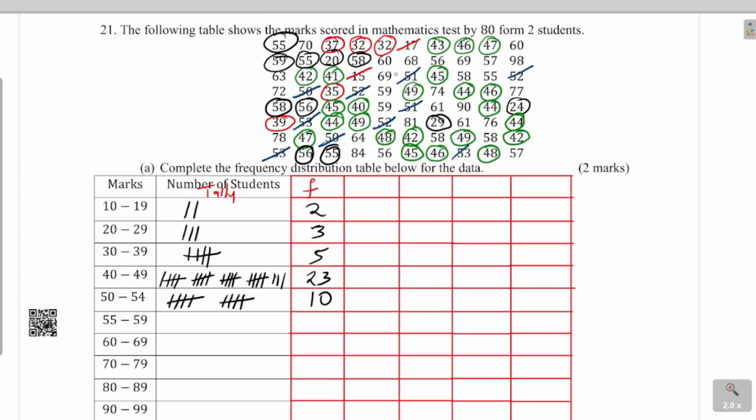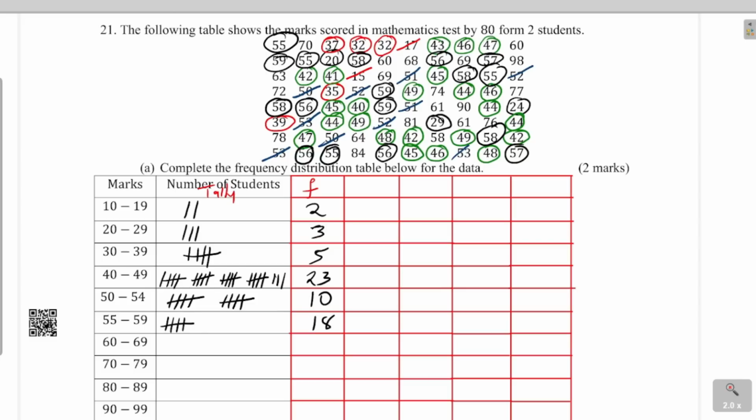There is also 59, 59, 56, 56, 58, 55, 57, 58, 57. Check whether I've left any. Let me count them. 1, 2, 3, 4, 5, 6, 7, 8, 9, 10, 11, 12, 13, 14, 15, 16, 17, 18. There are 18.